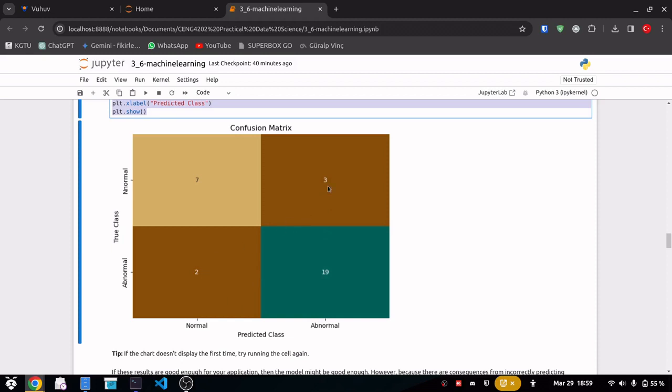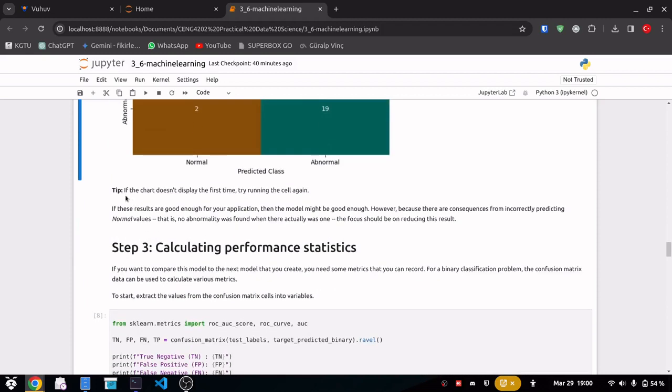So 3 is a false positive, and 2 is the false negative, because we have used a mapper to map normal as 0 and abnormal as 1, so abnormal means positive and normal means negative. Tip: if the chart doesn't display the first time, try running the cell again.